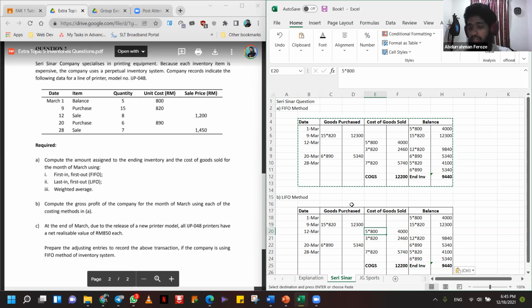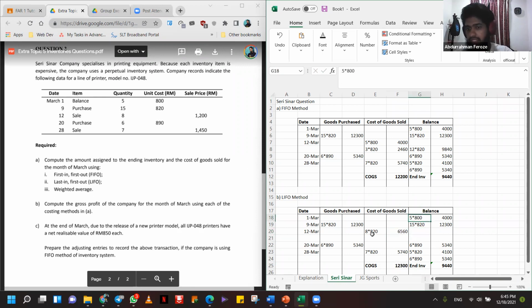Now on 12th March, we have sold 8 printers. So here there will be a difference in terms of the accounting. Because we want to get rid of the new printers first, it's last in, first out. It's the opposite of the part A that we did. So all of the 8 that we sold will be sold from the new batch. So it will be 8 into 820, which would be 6,560.